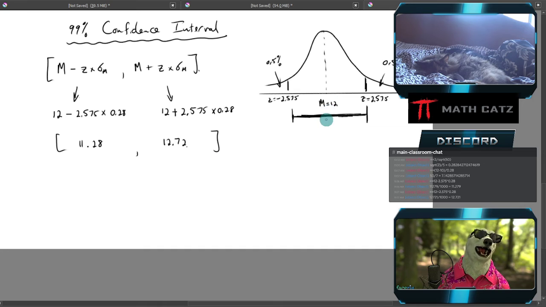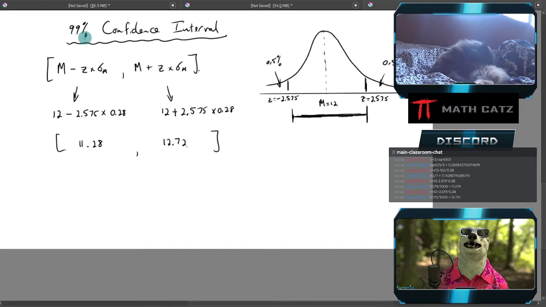You do this whole thing again, you might not get 12 as your sample mean, right? You might get 11.8. You might get a 13. I don't know, it depends on the variance. You're going to get some fluctuation. Out of all the samples and therefore confidence intervals, 99% of them will contain the mean.